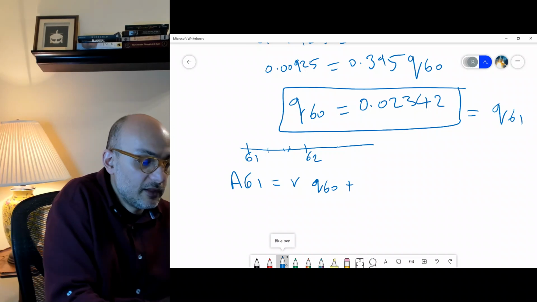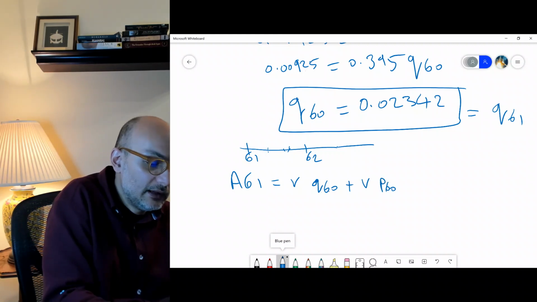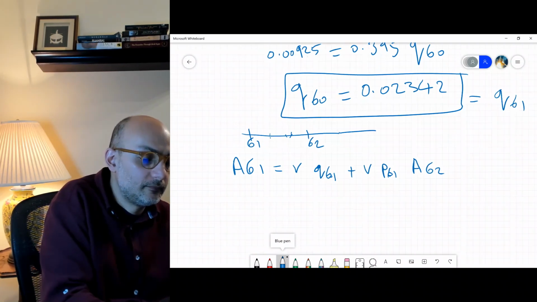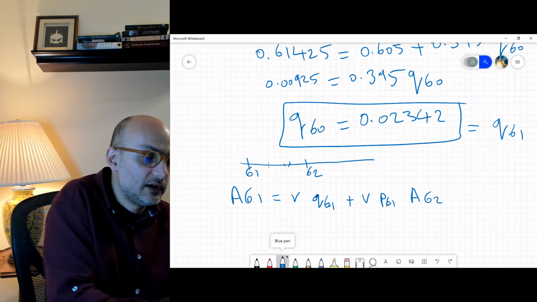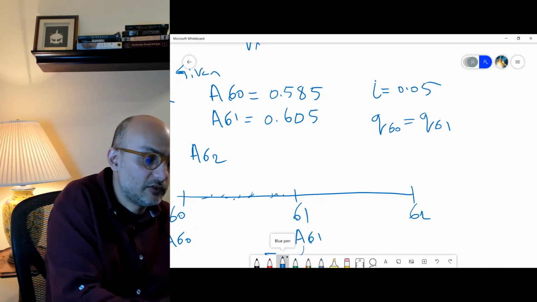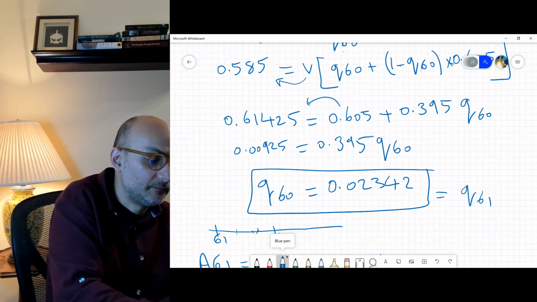Now, if death does not happen here, then you will survive with p60, which is 1 minus this one, right? I should write it correctly as 61, but because in this case they are equal, it doesn't matter if you write 60 or 61, right? And then a62. This one is given to us, right? Let's make sure a61 is given to us to be 0.605.